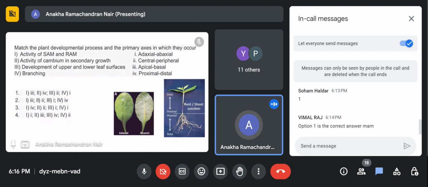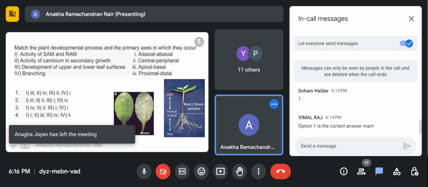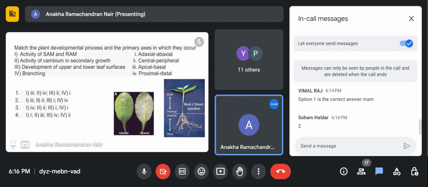You have to match them with adaxial-abaxial, central-peripheral, apical-basal, and proximal-distal. So that means these development processes happen in a certain way, and out of these four, you have to choose which one they are.